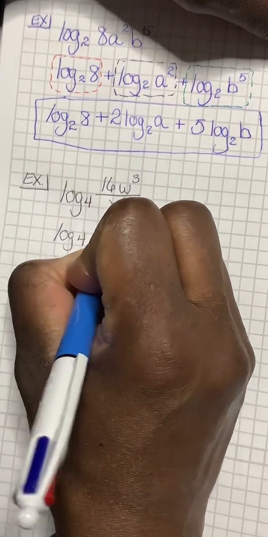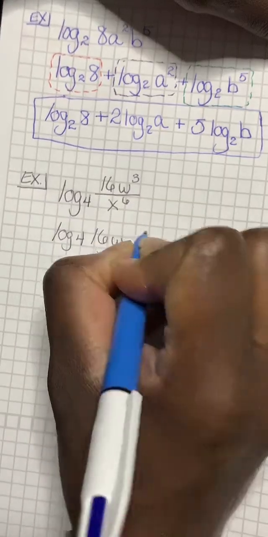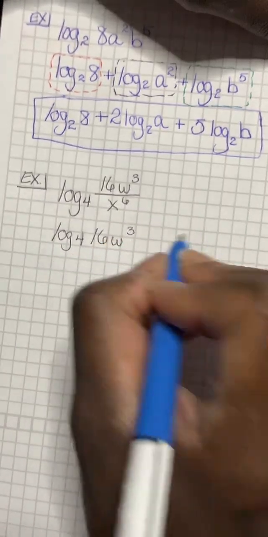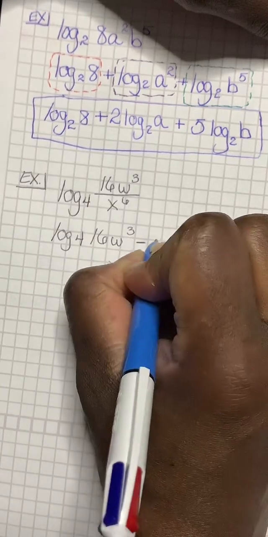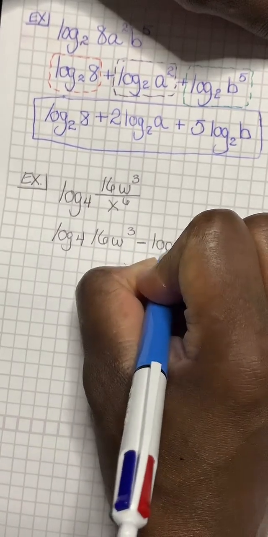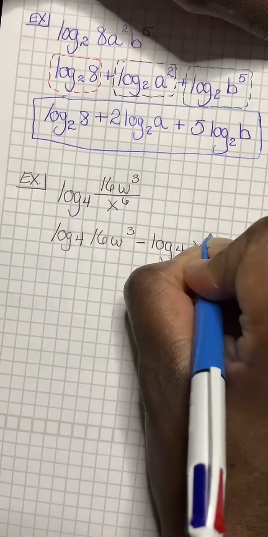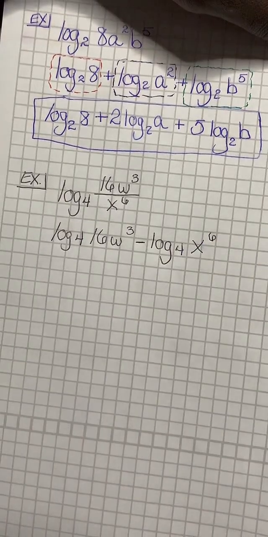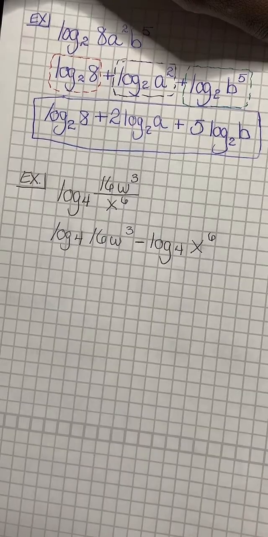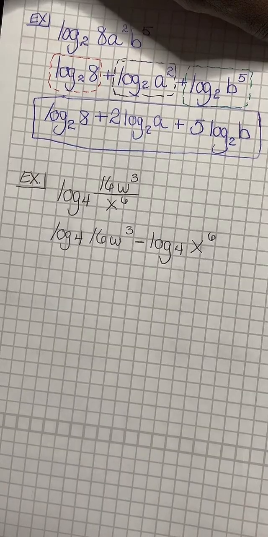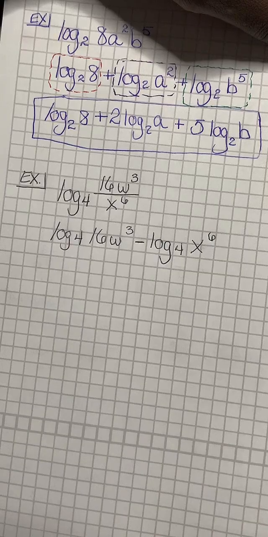Like some of you guys were saying, 16w to the 3rd, minus log base 4 of x to the 6. Okay, good start. So we took care of the quotient rule.